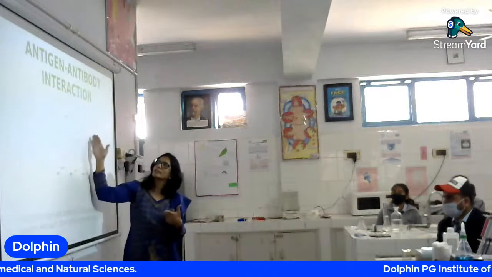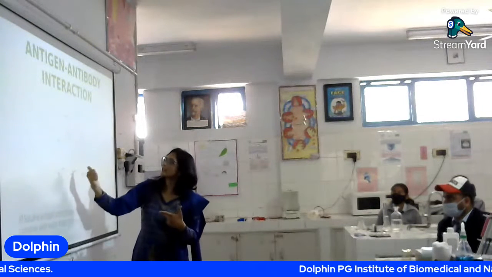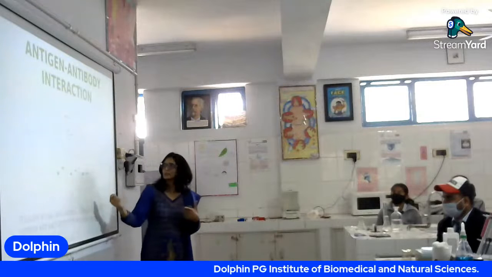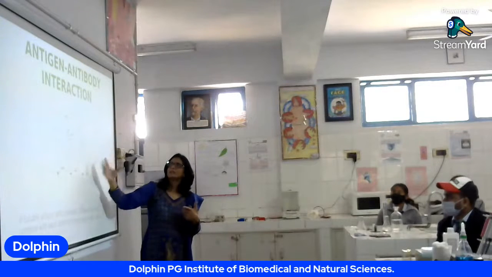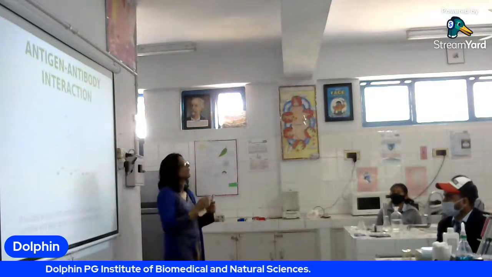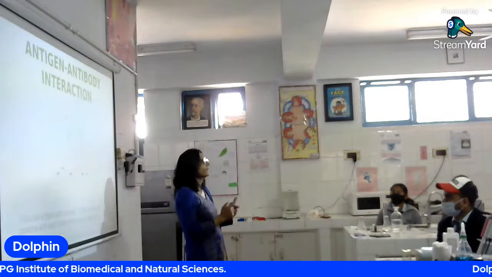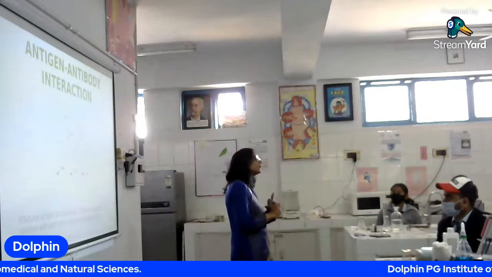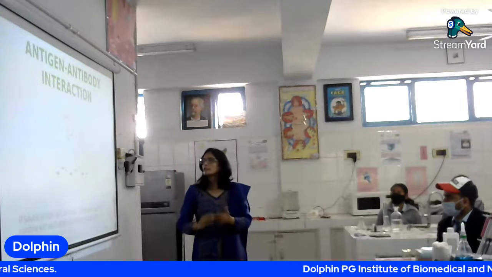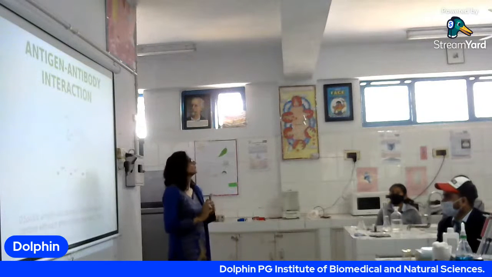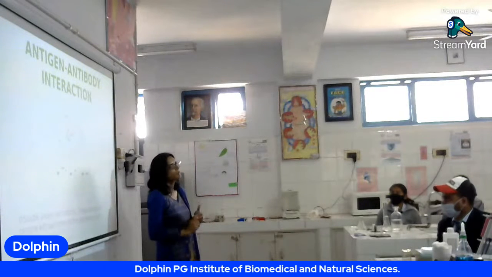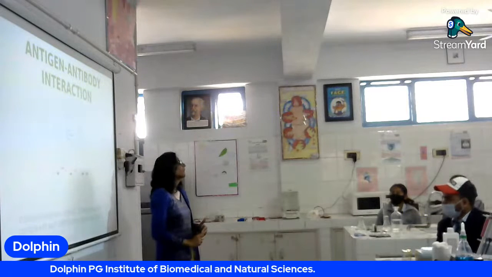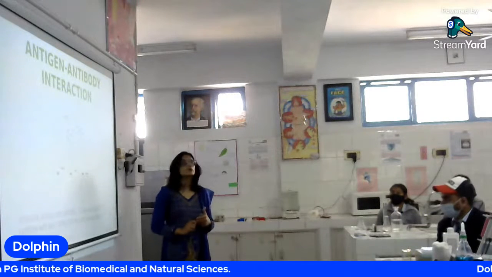Then in the third compartment, this is the first, this is the second, this is the third, the antibody molecules are more, so the antigen is less. Again, there won't be any particular reaction. But in the center one, there is optimum concentration of the antigen and the antibody. So this phenomenon is called the equivalence zone.